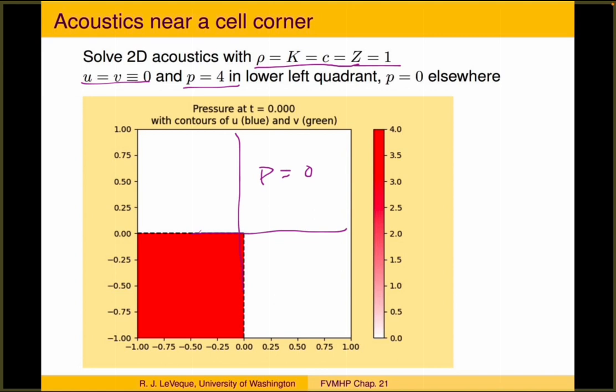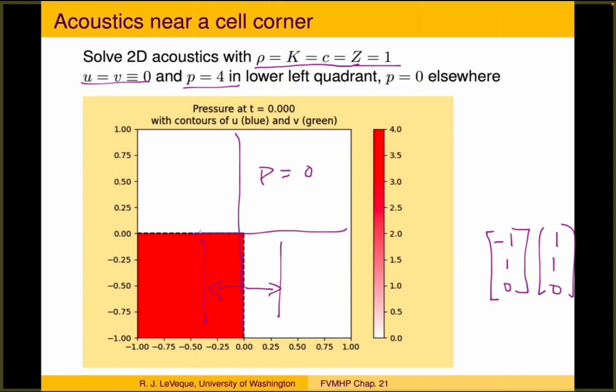So at this interface, we have a wave that's moving to the right at speed 1 and a wave that's moving to the left at speed 1. And the eigenvectors in the x direction, in terms of pressure, u and v, are, say, minus 1, 1, 0, and 1, 1, 0 for the left-going and right-going eigenvectors, and there's no jump in the vertical velocity v across either of the eigenvectors.